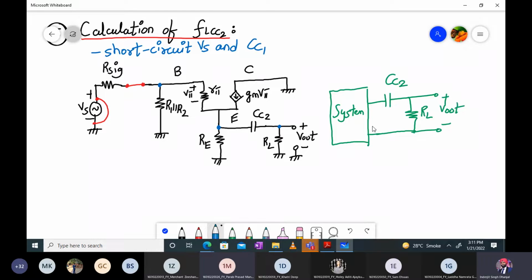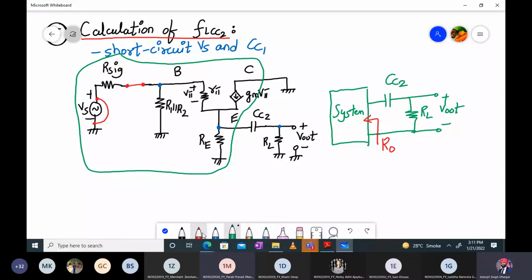So how do we have to calculate this? For this system, we have to calculate the value of RO.